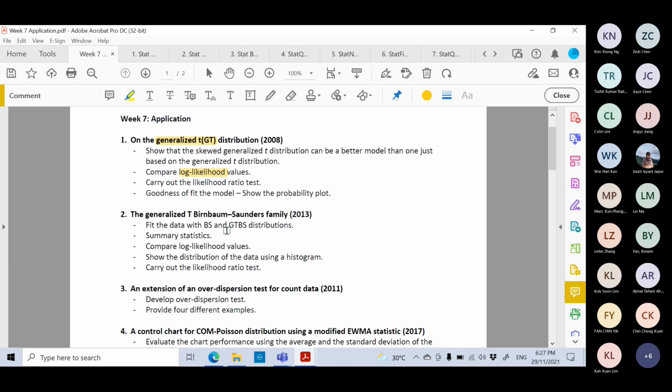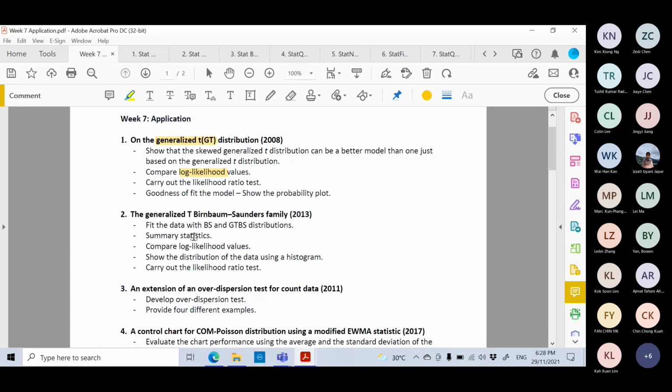From the summary statistics, you can check the mean and the variance of the data, as well as the theoretical mean if they follow the BS distribution, and the theoretical mean and variance if they follow the GTBS. So they can compare how well their data fit the existing distributions.